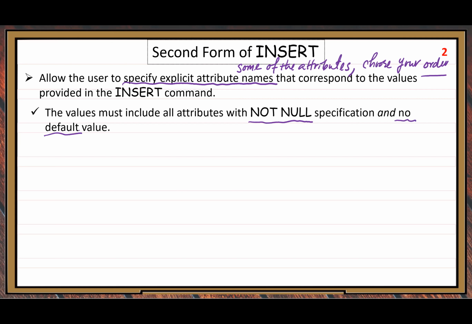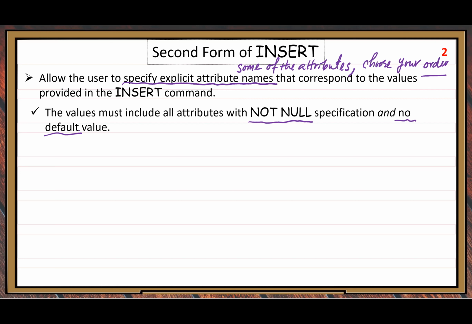Think about one attribute where you make this kind of special declaration. First, you put the not null constraint. Second, after not null, you do not provide a default value.